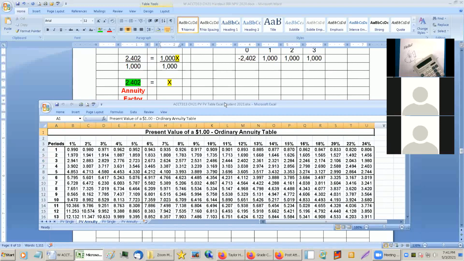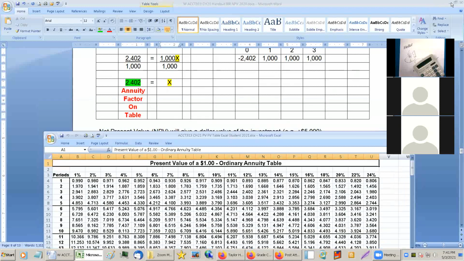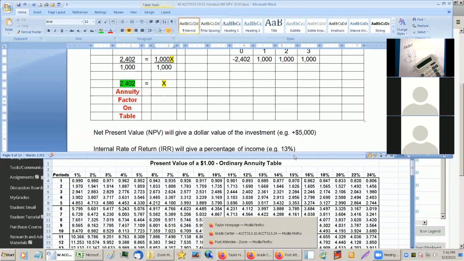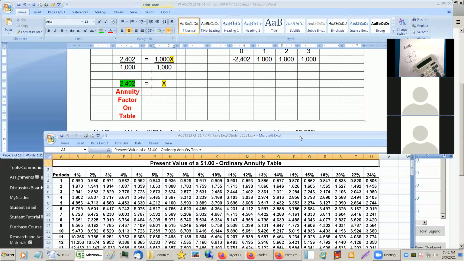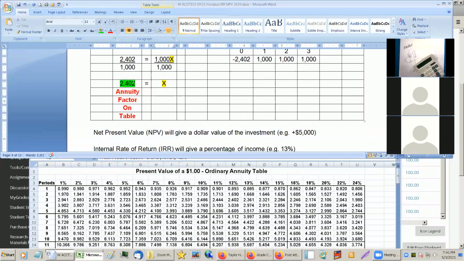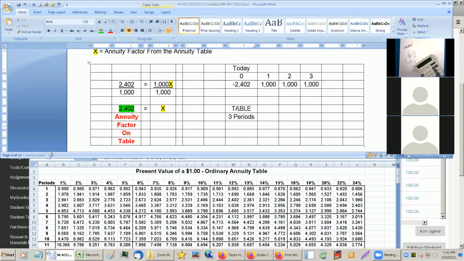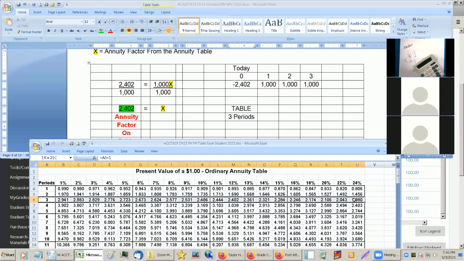Let me try that again. I told you guys to get on the right table, but I didn't tell myself. Okay, so we know it's for 3 periods. Here's the 3 periods.